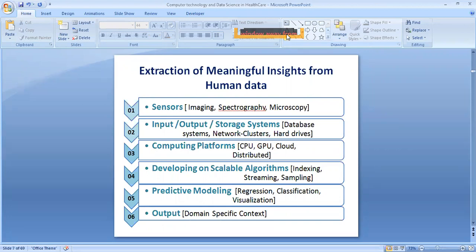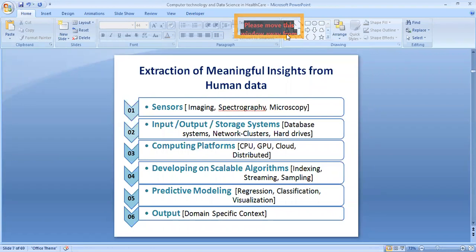We have several platforms, a few are listed: graphical programming, cloud, or a distributed system, so that all the various sources of data are consolidated. Then we develop scalable algorithms to work with the data, and applying these techniques, we can break them down into subcomponents so that our analysis and interpretation for prescribing a correct treatment becomes easier.